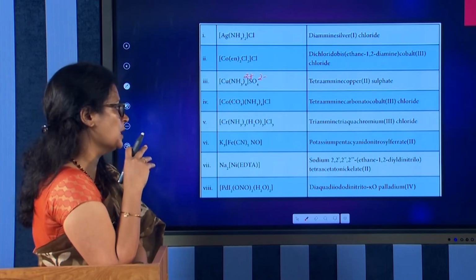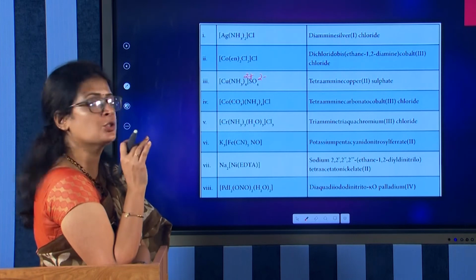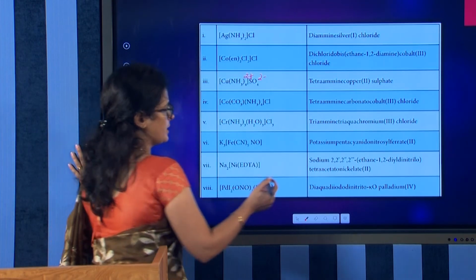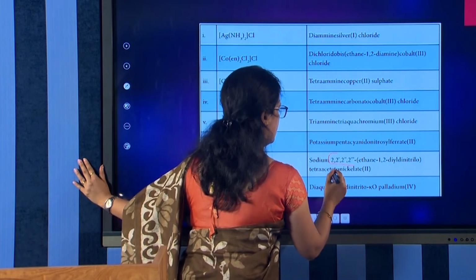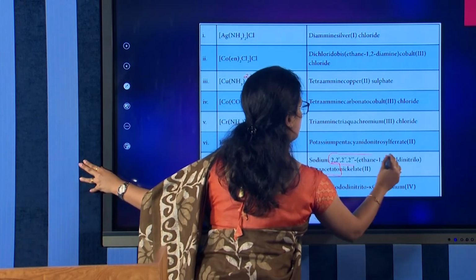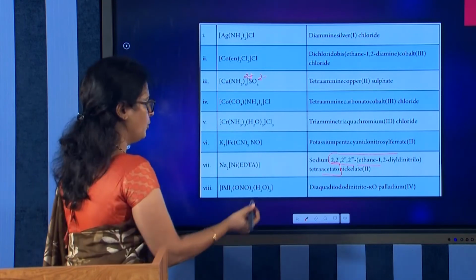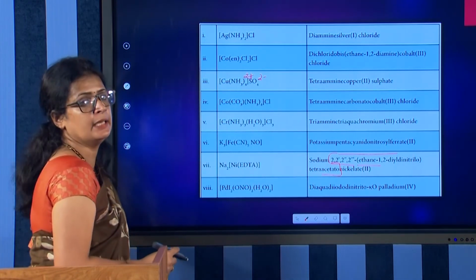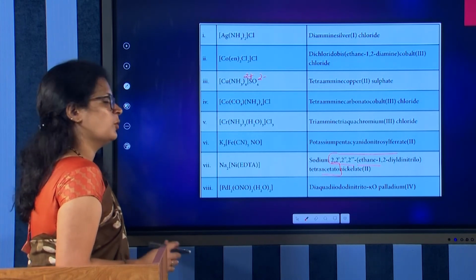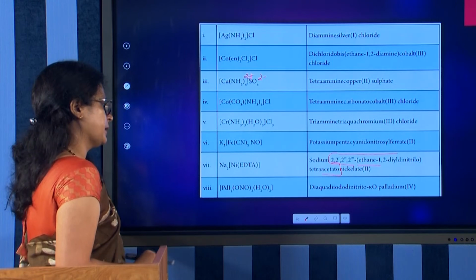EDTA should be named as 2, 2 dash, 2 double dash, 2 triple dash, ethane 1, 2 diylidene nitrilo tetra aceto nickelate 2. You have to study how to name the EDTA complex like this, and then followed by the central metal atom, that is nickel. It should end in ATE. So, nickelate followed by the oxidation state of the central metal atom.